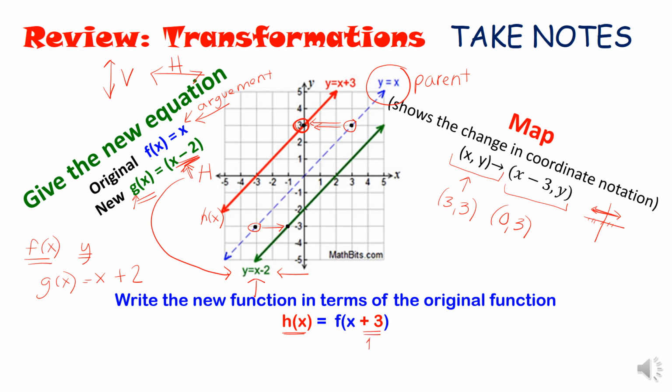Because it's a horizontal movement, I put it inside the parentheses. Now another thing you might have noticed is that for a horizontal movement, left is plus and right is minus. So you have to know that and remember that. For a vertical movement, up is positive, down is negative, which is a lot more intuitive. So this is just something you have to remember.